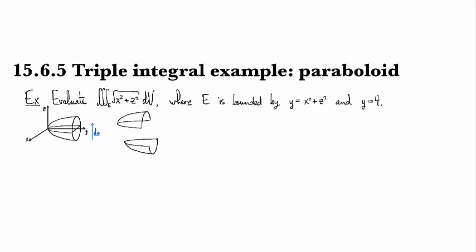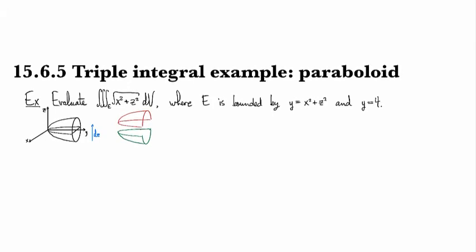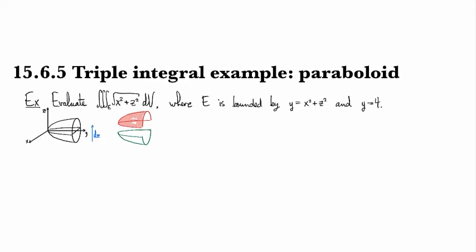Okay. So let's make this one green and this one red in alignment with our usual color conventions. So this is the surface that our vertical line is going to exit the object through.